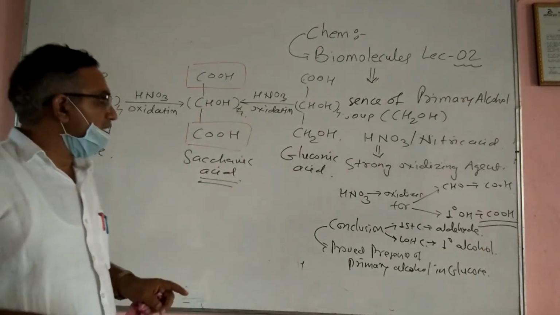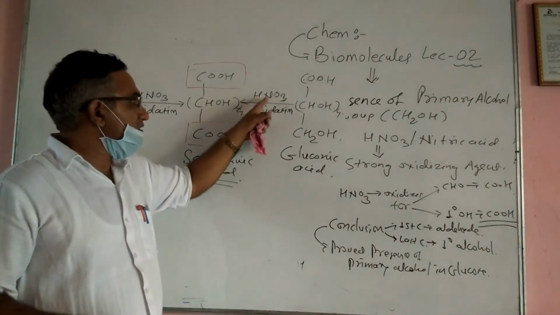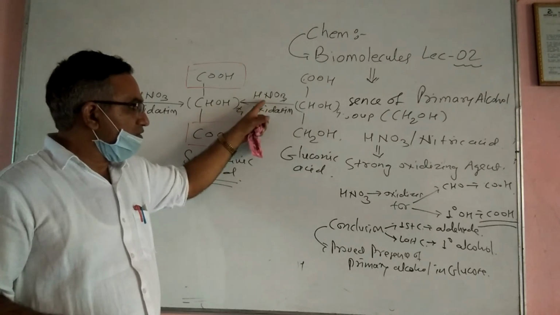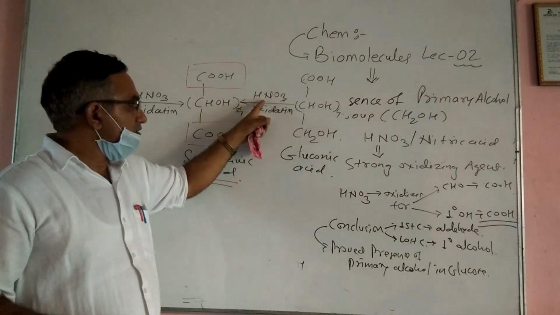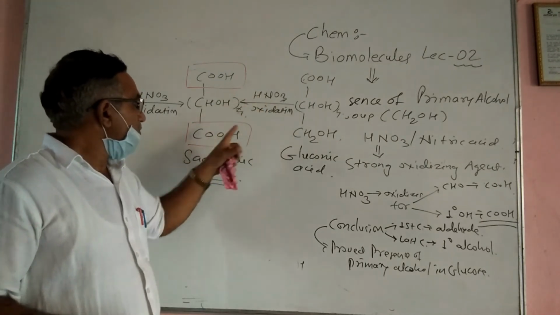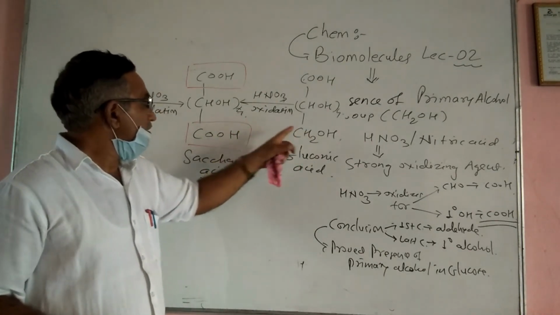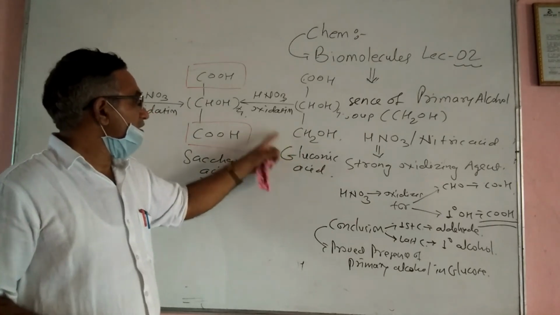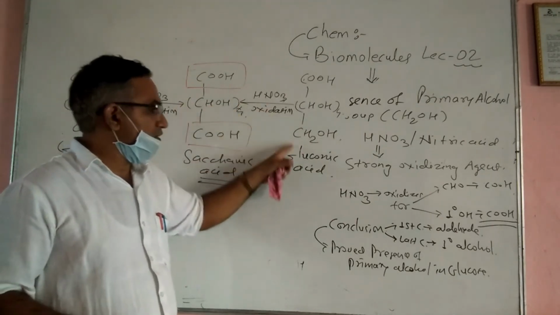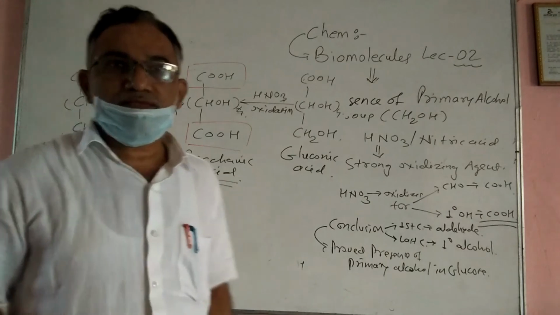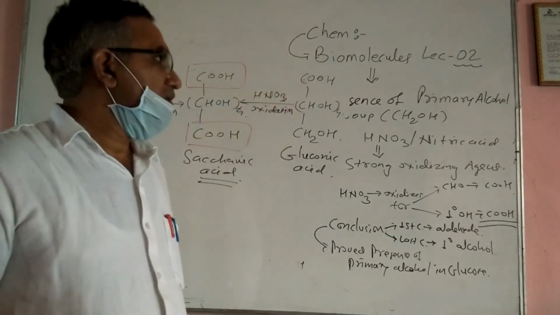It tells us that this strong oxidizing agent oxidizes the primary alcohol here. Hence this change has happened here and this change is not noted here. So this is the confirmation. This is the last confirmation about the glucose structure.